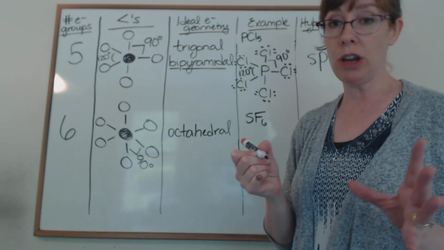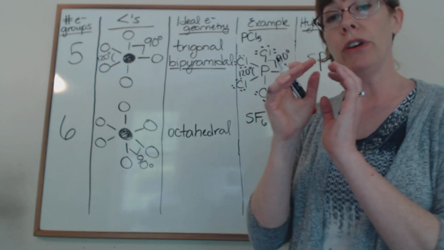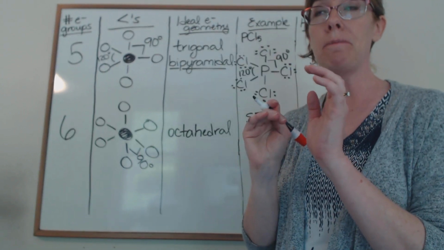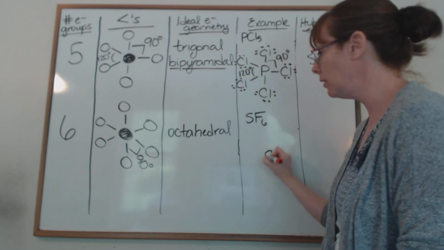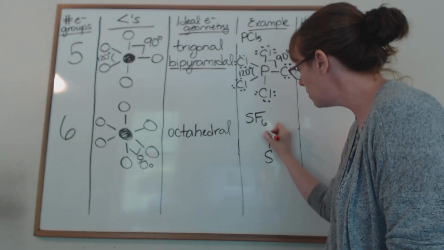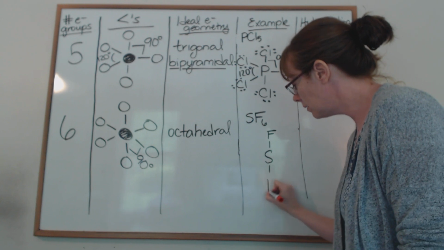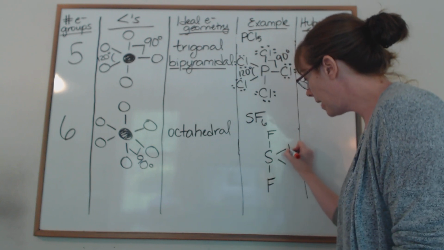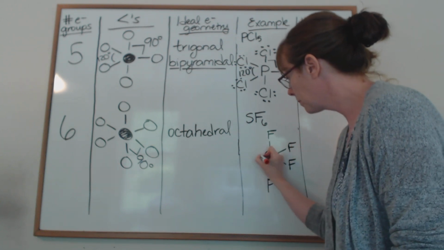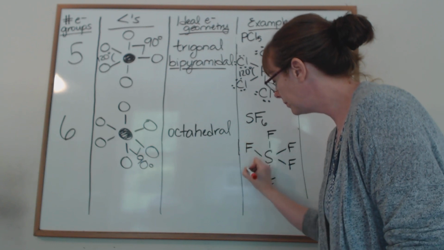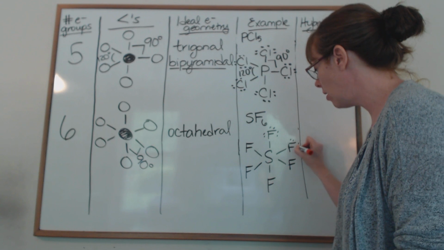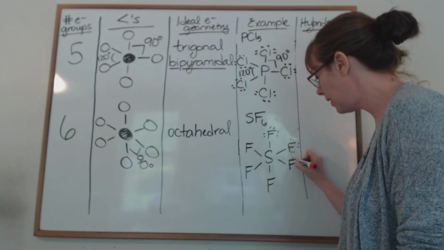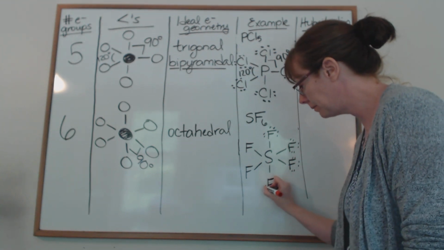If you did the Lewis structure, you would see that sulfur has 6 electron groups around it. And so you would end up drawing the VSEPR model just like this, where the sulfur's in the middle and the fluorines occupy this type of shape. There would be 3 lone pairs on all the fluorines in your Lewis structure.